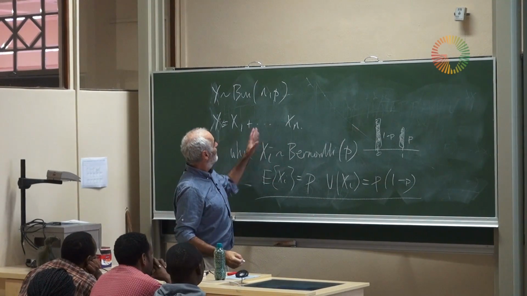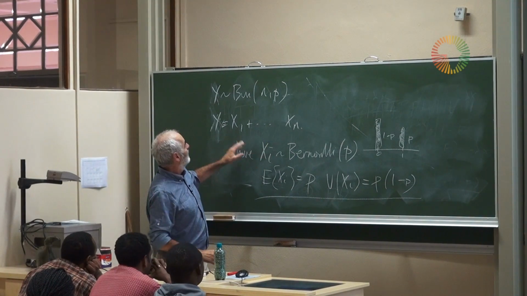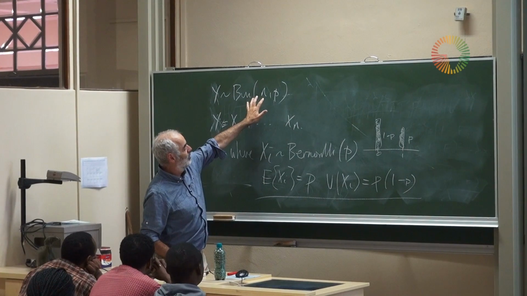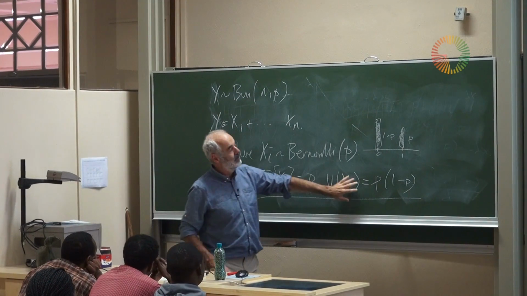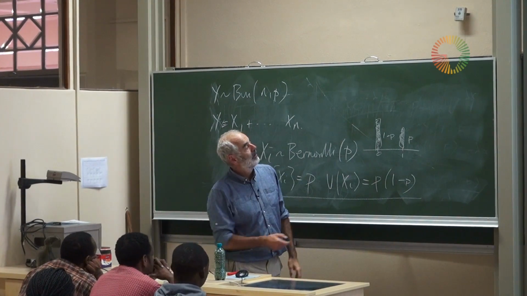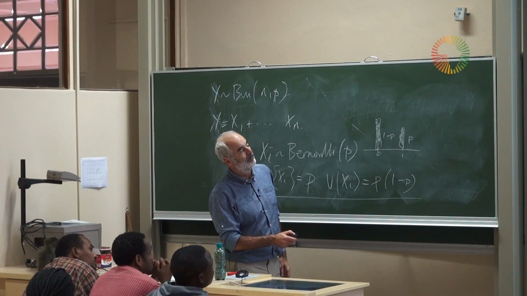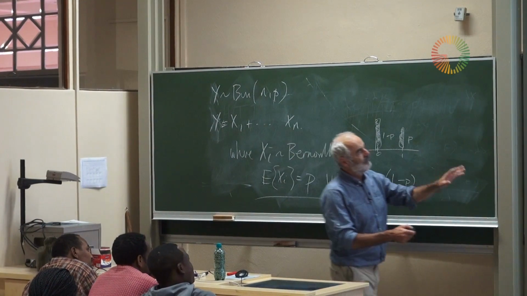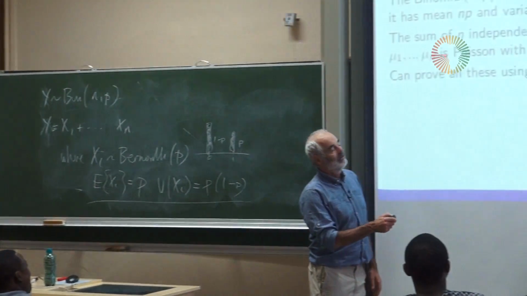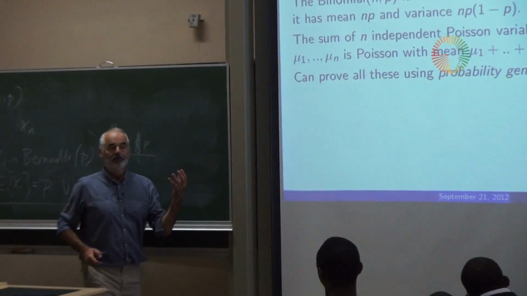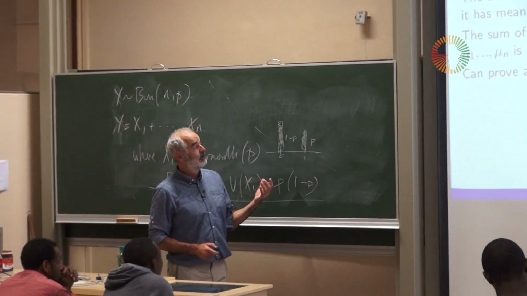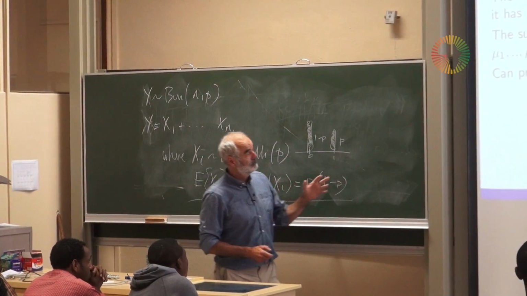And then it means that from the previous rule, if we want to know the mean and variance of the binomial, we just add these up and we get np and np times 1 minus p, without having to work that out directly. Because doing that directly is quite tricky, but we didn't have to do it.